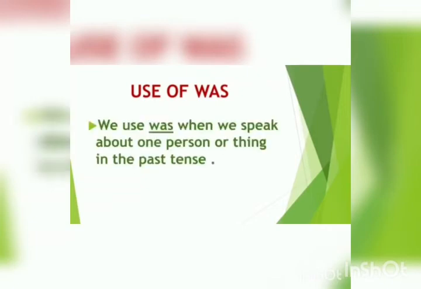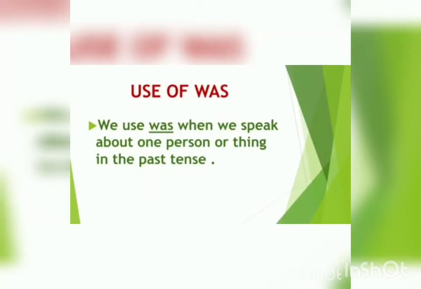First of all, we see where and how we use was. We use was when we speak about one person or thing in the past tense. Okay? What does it mean?